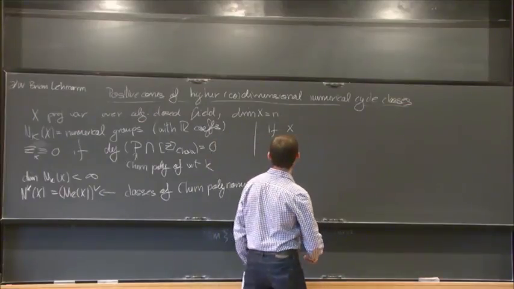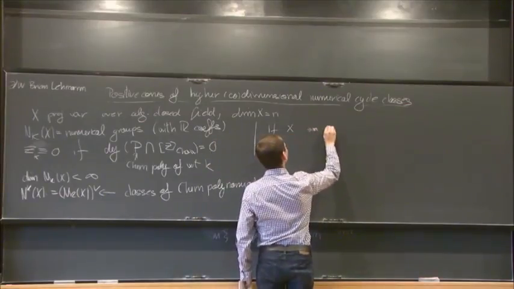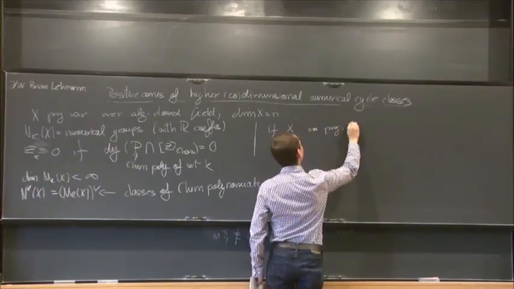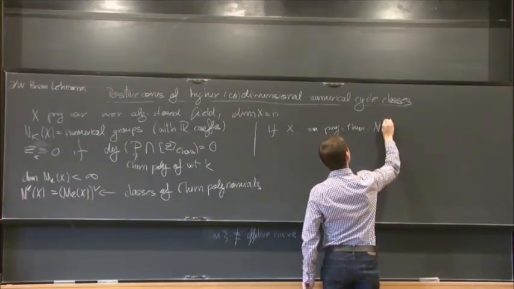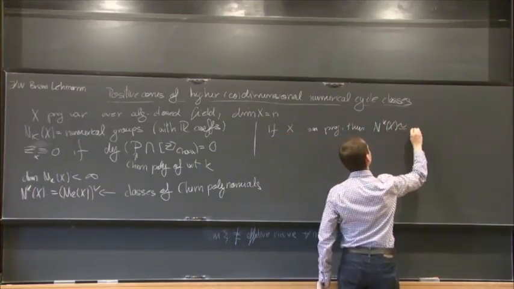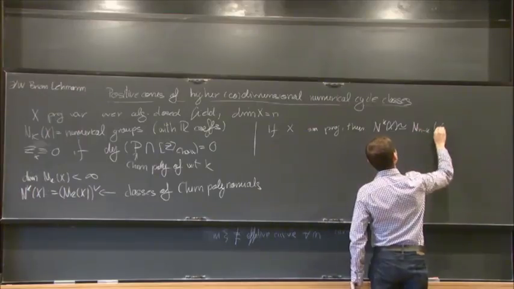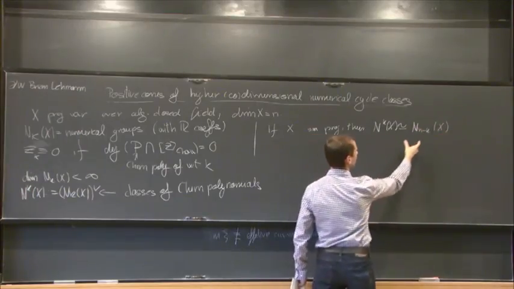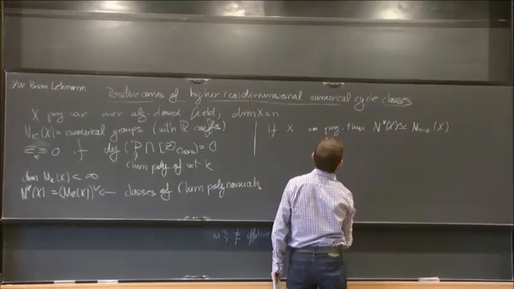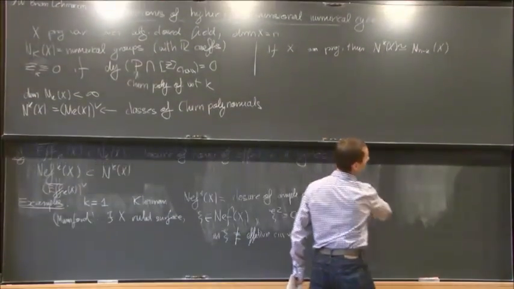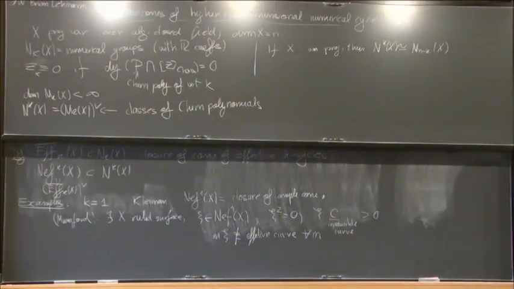If X is smooth projective, and this is because you have the intersection pairing in the smooth case. Yeah, but we're using the duality.